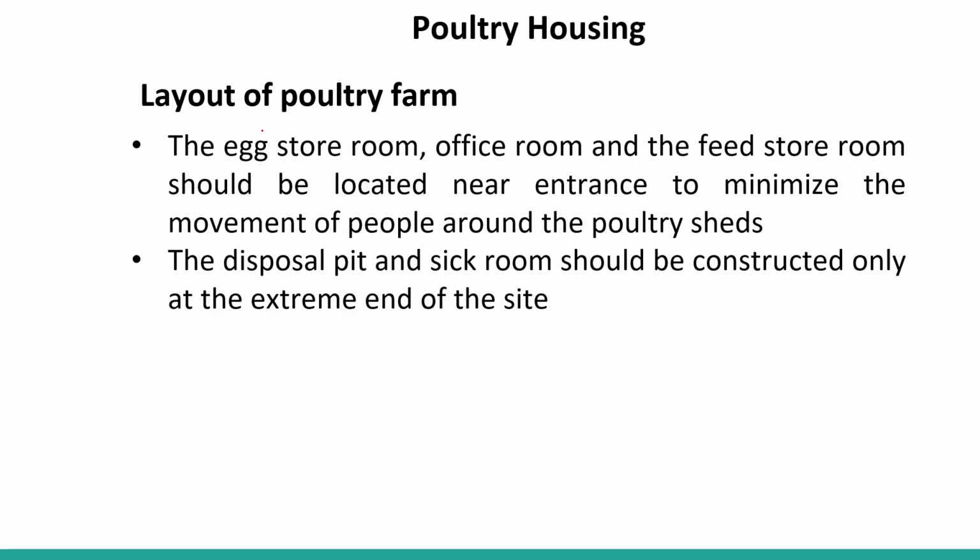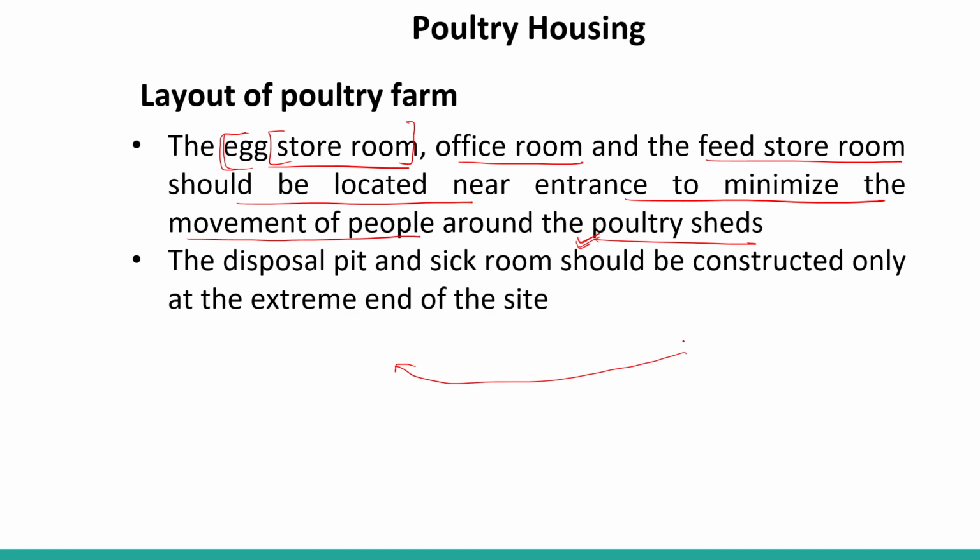Okay, the egg store room, office room and the feed store room should be located near the entrance to minimize the movement of people around the poultry shed. So if workers are there to take away the eggs from the storeroom, they should not get to all parts of the poultry farm.